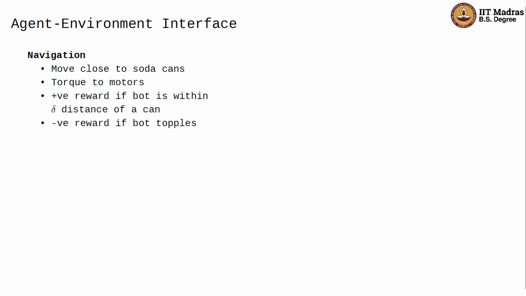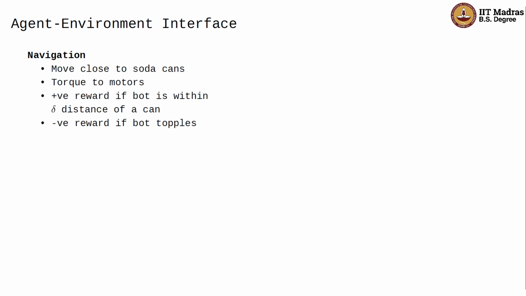What could be a bad situation for the robot to find itself in? Toppling. If you apply too large a torque to one of these motors, what could happen is it might topple. Or another negative scenario could be if the robot goes close to say a wallet. Some human has dropped a wallet in the room, and for whatever reason its visual sensors identify the wallet as a can.